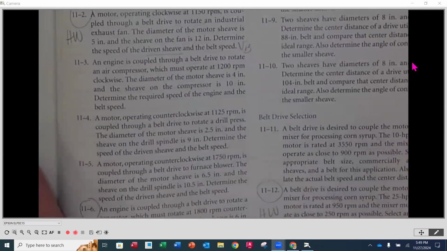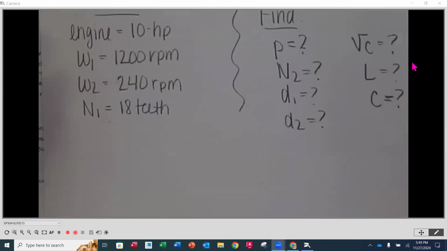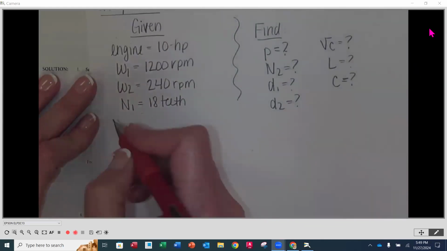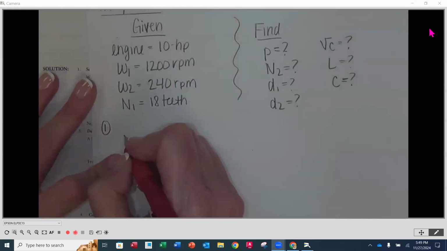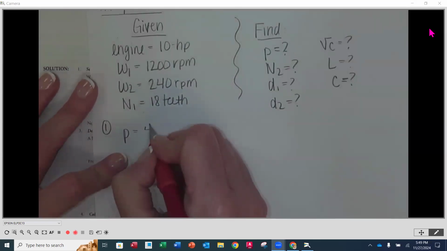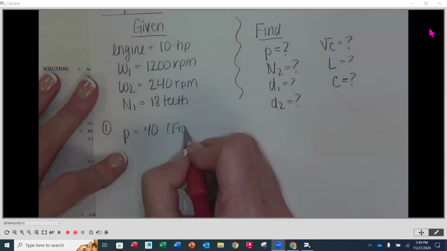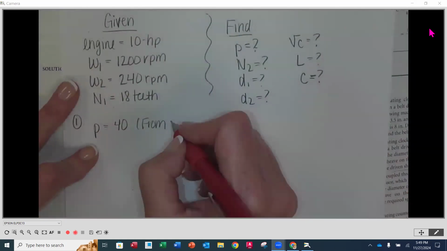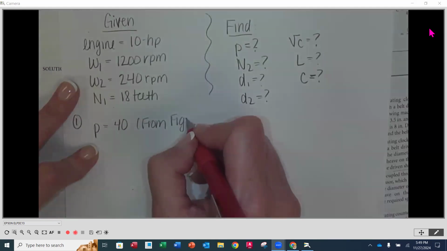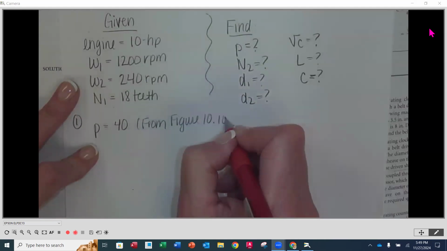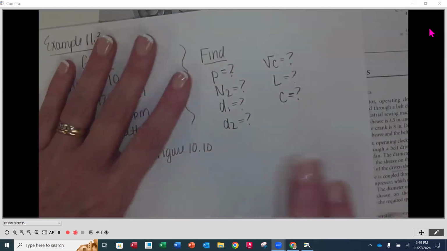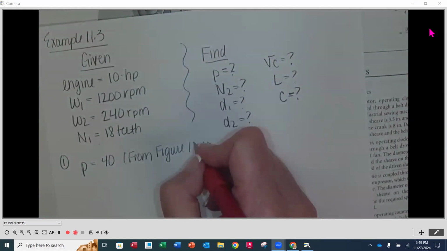You'll notice that they decided on a number 40 chain. So as my step number 1, the pitch is going to be 40, and that is from figure 11-10, not 10-10, 11-10.